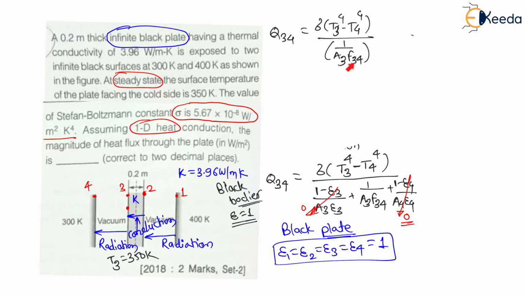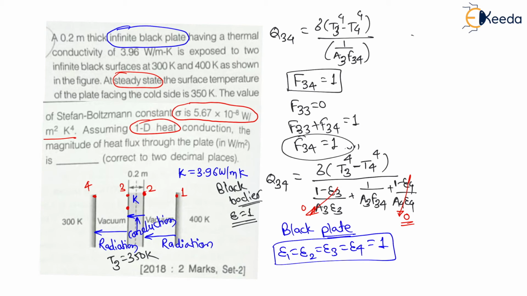And F3 to 4 is a shape factor from 3 to 4, and as 3 is a flat surface, therefore for a flat surface F3 to 4 will be equal to 1, that we have seen, right? Because for flat surfaces F33 will be 0, and we have F33 plus F3 to 4 is equal to 1, the summation of all shape factors. Therefore we can say F3 to 4 is equal to 1, right? So let us use this F3 to 4 value equal to 1.